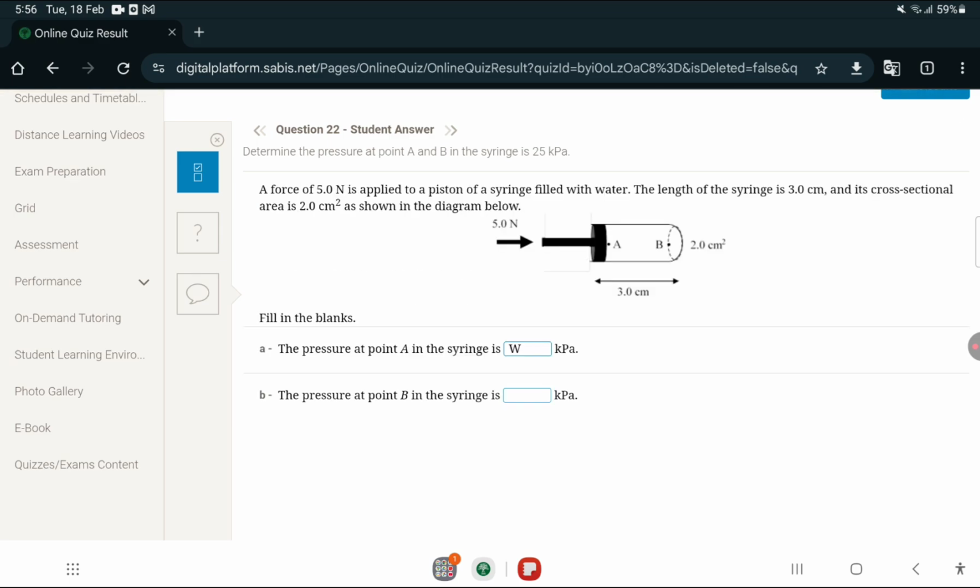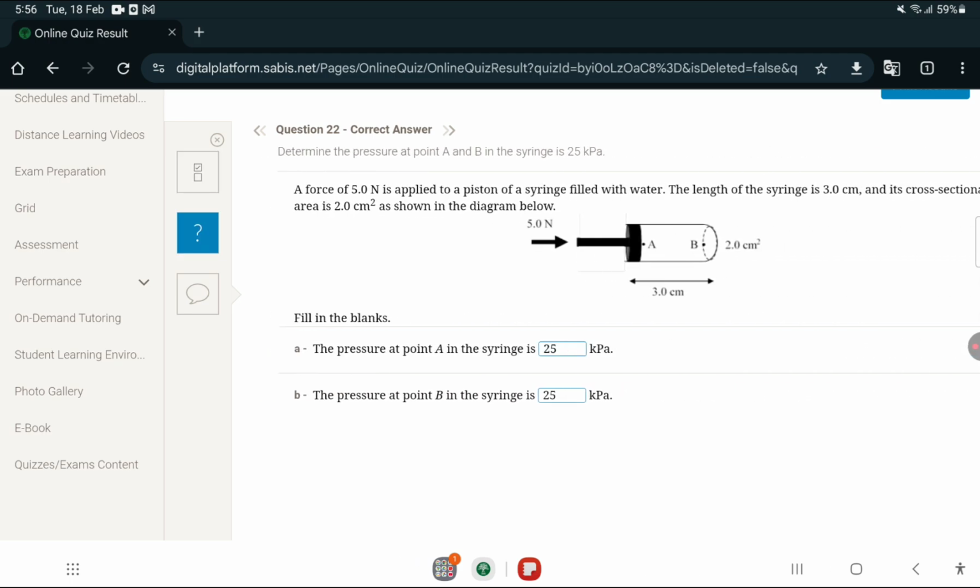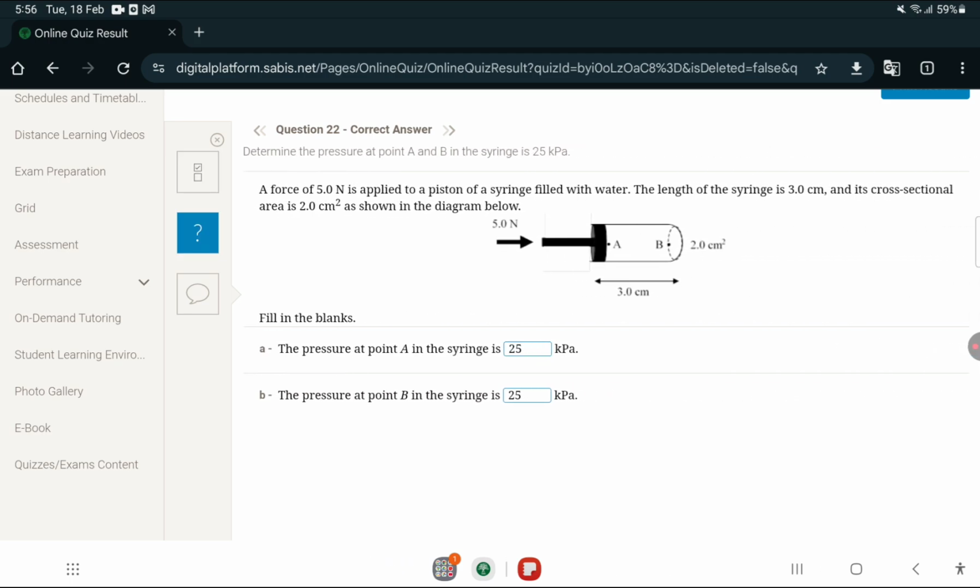Okay, the pressure at point A in the syringe. Let's read the question first. A force of 5 newtons is applied to a piston of a syringe filled with water. The length of the syringe is 3 centimeters and its cross-sectional area is 2 centimeters squared, as shown in the diagram below.